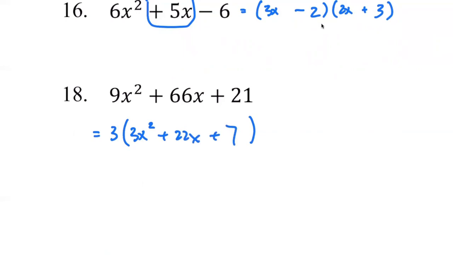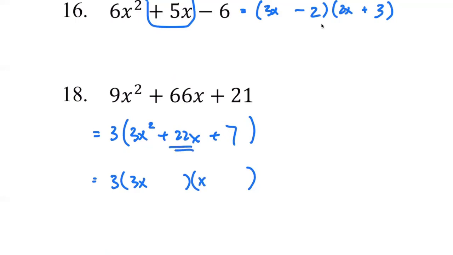If you want to do the cross method, you can still do it. It just might take you some time, and if you insist on doing the cross method, then you really want to make sure that you spot the common factor as quickly as possible. So we have prime numbers here. 3x squared is going to be 3x times x.